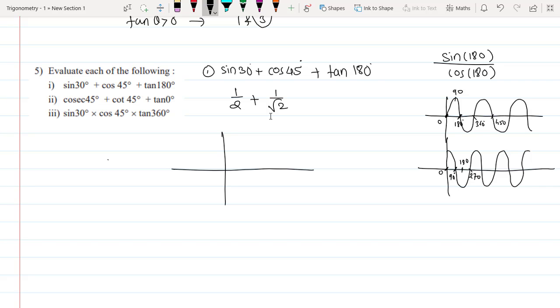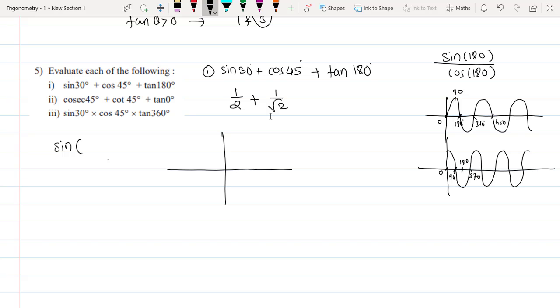And I have given you that polar coordinate also. Sine is positive only for the odd multiples of 90 degree.